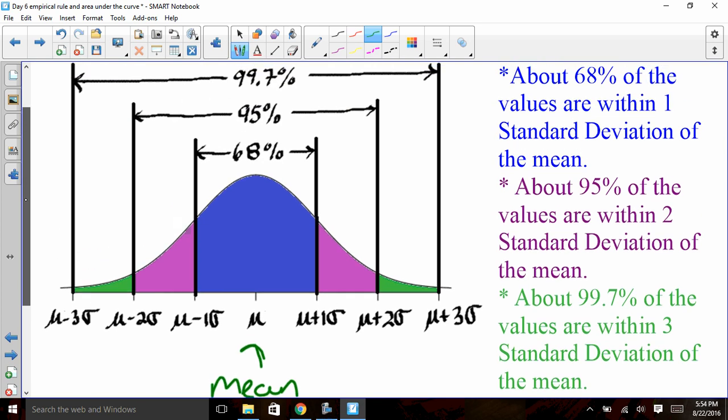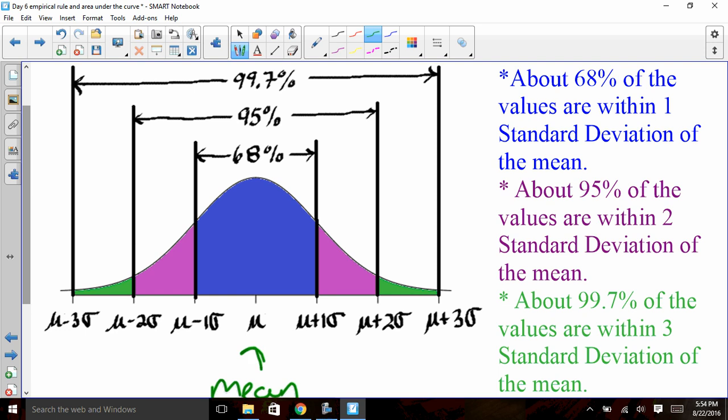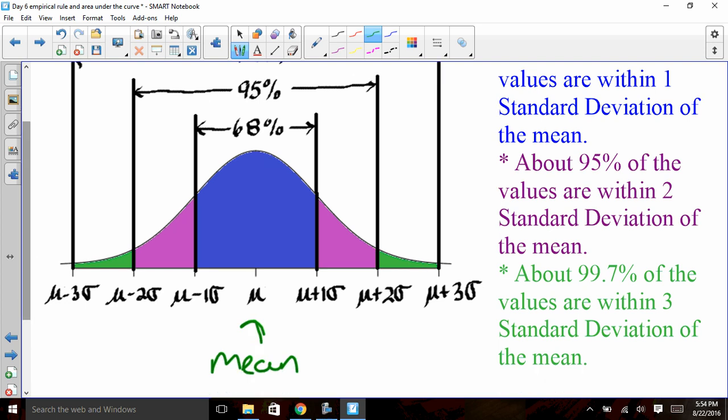So according to the empirical rule, 68% of my data will fall within plus or minus 1 standard deviation. So that means from here to here, I'll have 68% of my data. That's when I take my standard deviation and add it to my mean. Remember, we talked about the standard deviation being the average distance between each data point. So if I take my mean and add or subtract my standard deviation once, I'm talking about 68% of that data.